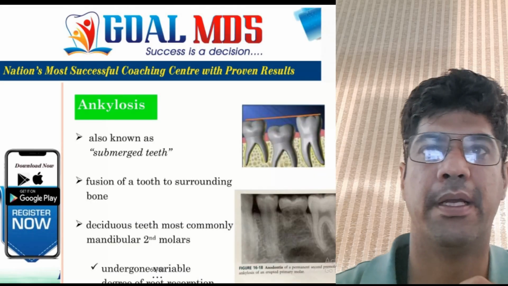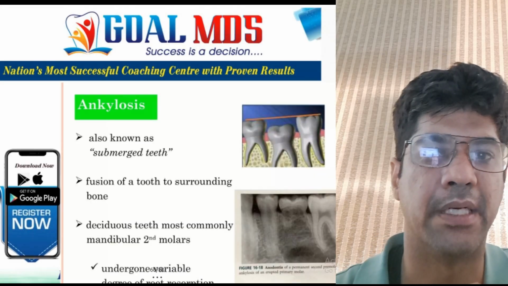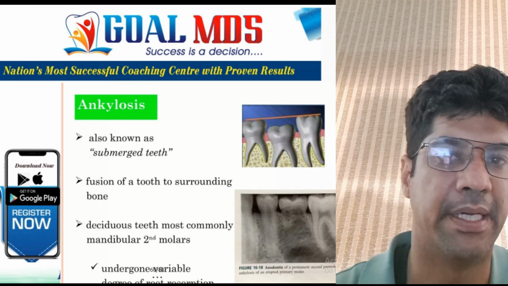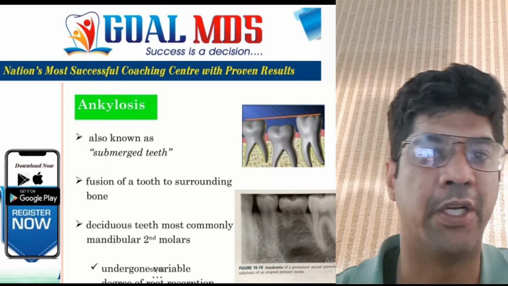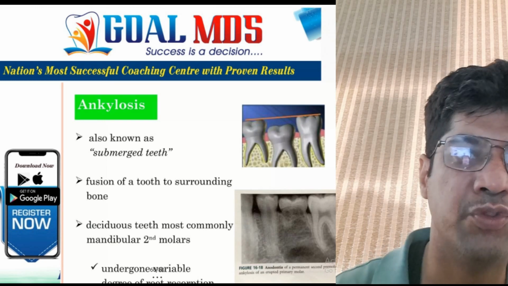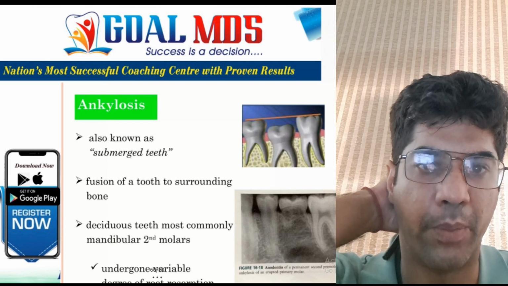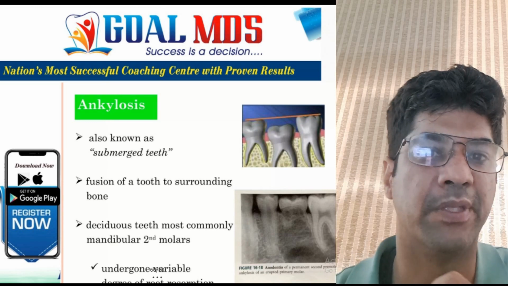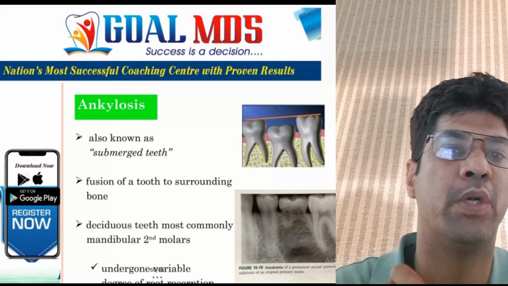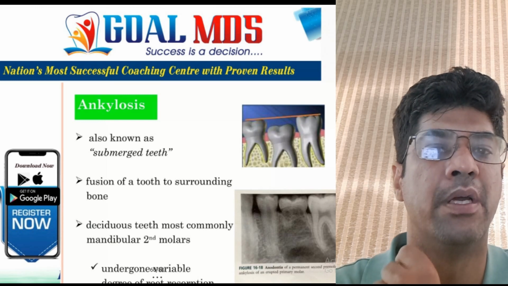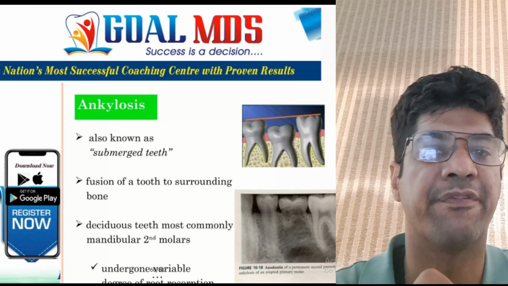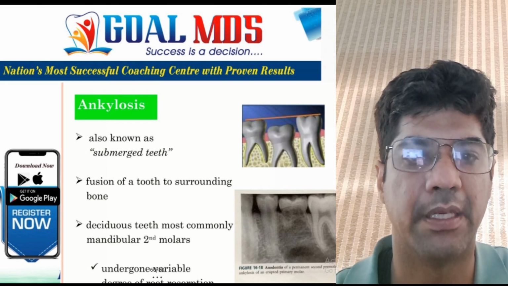Other is ankylosis. Ankylosis is also known as submerged teeth. What is ankylosis? It is a condition where the tooth gets fused or stuck to the surrounding bone, preventing normal movement. This fusion happens when the tooth root is directly attached to the bone without the usual layer of connective tissue in between.